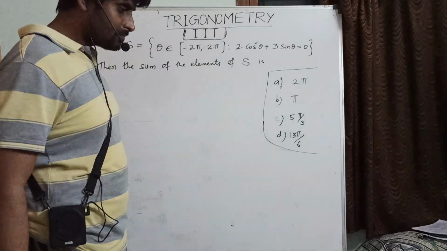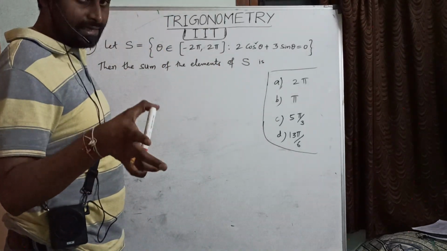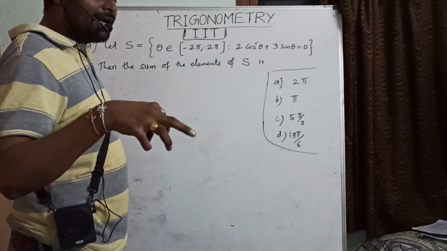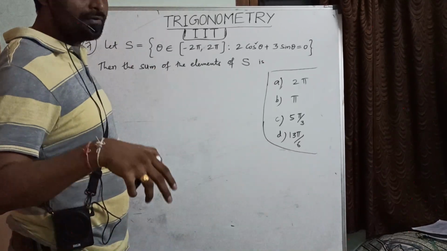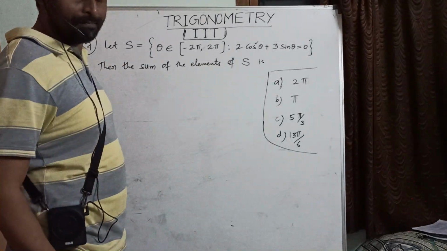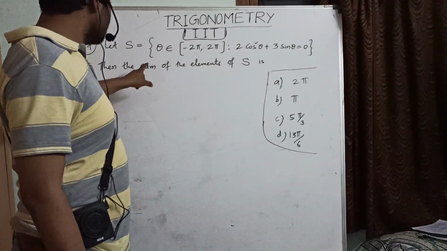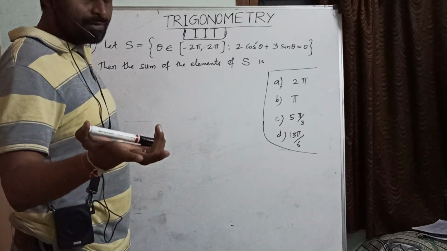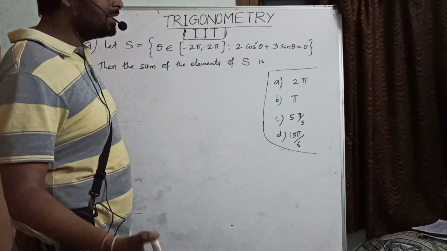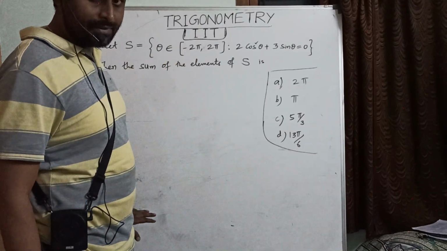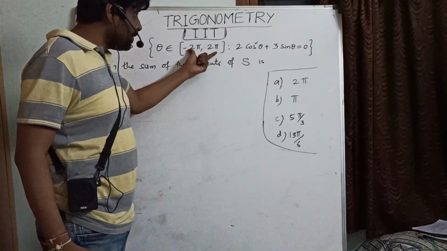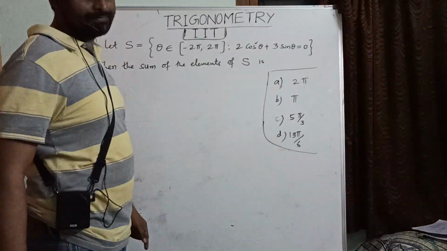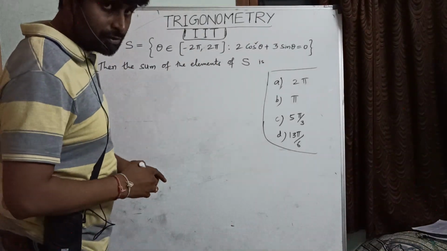For that, we can get some angles for theta, and we are going to add all those possible values which we get for theta. Clear? We are going to sum up all those possible values which we get for theta from this set. But the theta values we should take from minus 2 pi to 2 pi. That is important here.